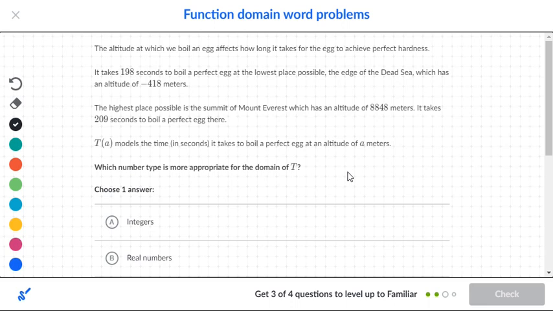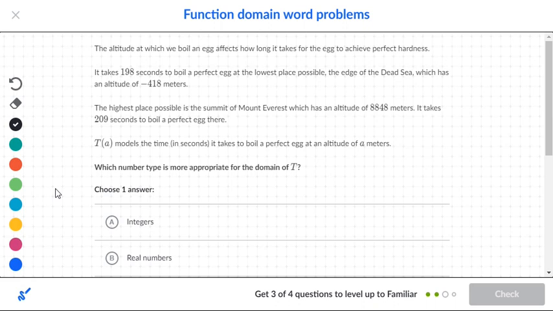Okay, the altitude at which an egg is boiled affects how long it takes for the egg to achieve perfect hardness. It takes 198 seconds to boil a perfect egg at the lowest place possible, the edge of the Dead Sea, which has an altitude of negative 418 meters. The highest place possible is the summit of Mount Everest, which has an altitude of 8,848 meters, and it takes 209 seconds to boil the perfect egg.